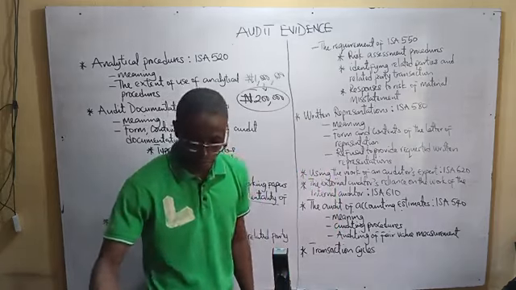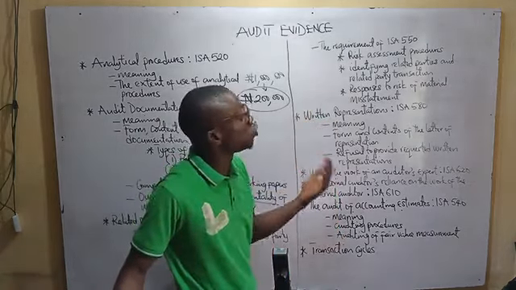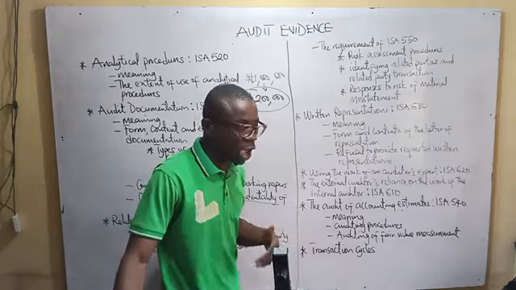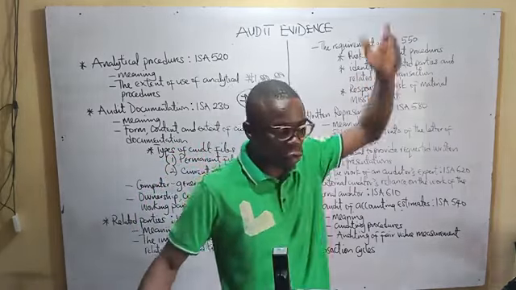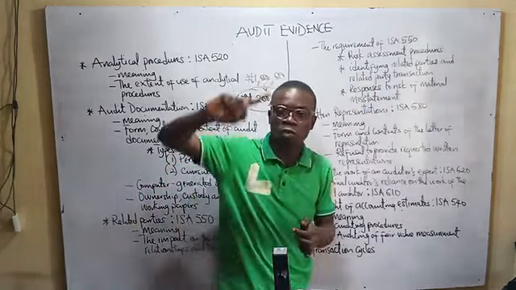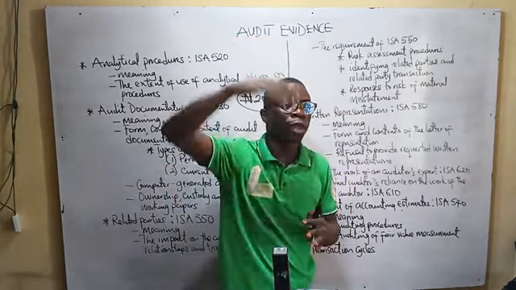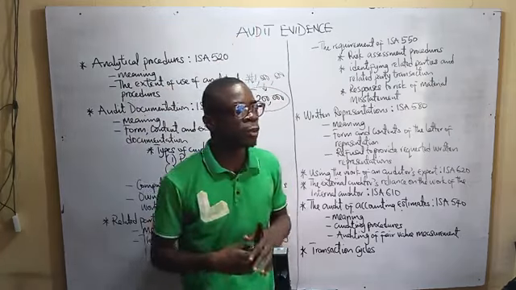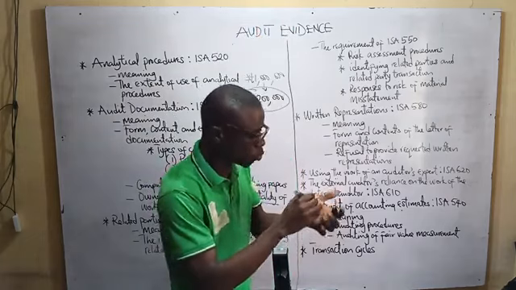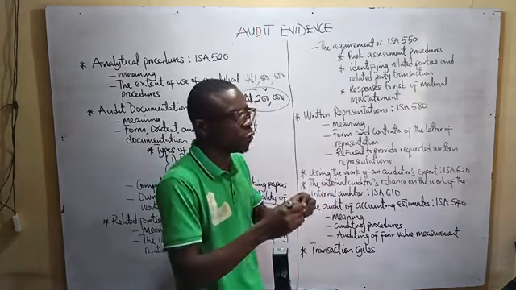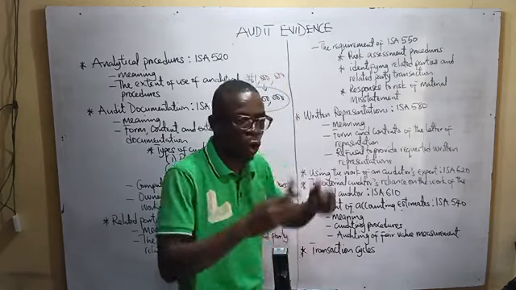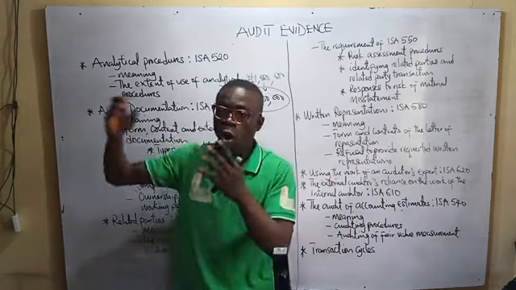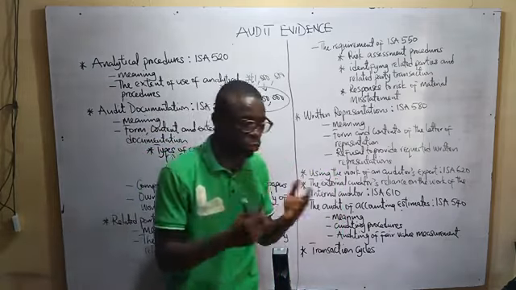So now let's look at this. These are the ways in which the auditor can identify related parties and related party transactions. The auditor can review the audit working paper of the previous year. In the previous audit working paper, the auditor could have identified some related parties from the previous audit that he has carried out, or from the previous audit that the subsequent or other client has carried out.